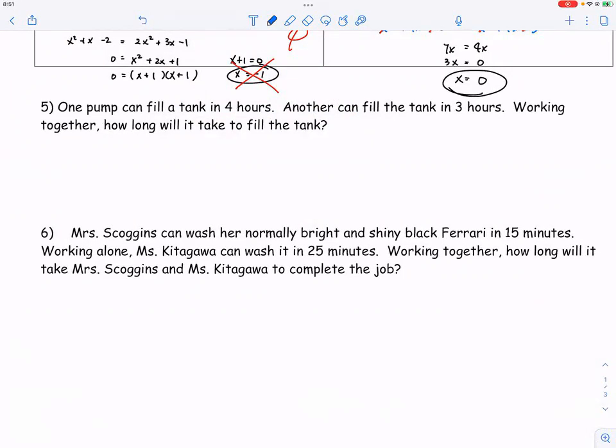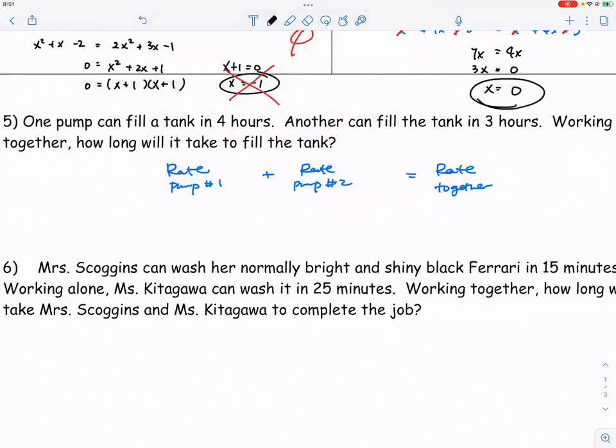Another can fill the tank in 3 hours. Working together, how long would it take to fill the tank? So the idea here is that we have the rate of pump number 1 plus the rate of pump number 2 must equal the rate together.